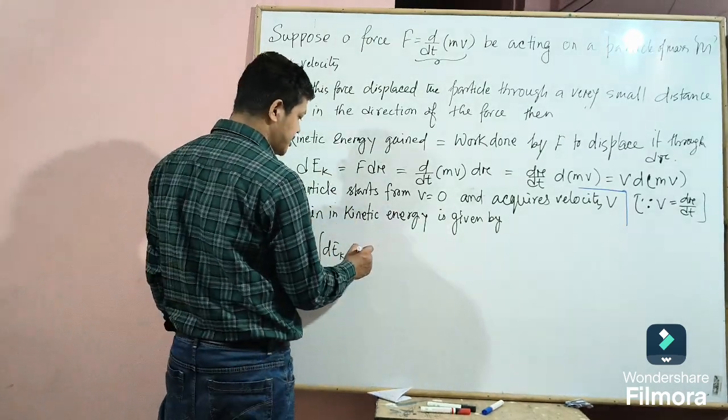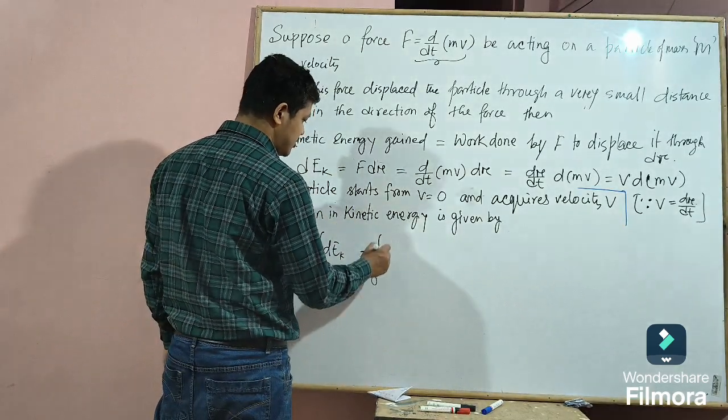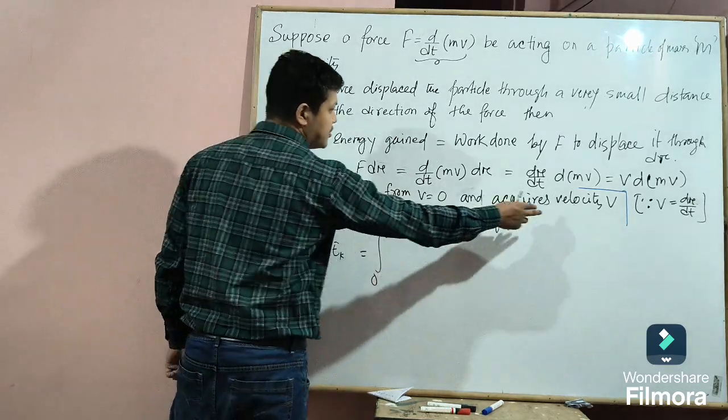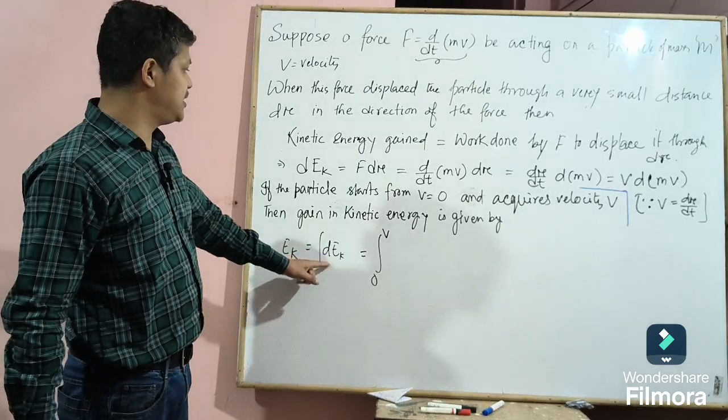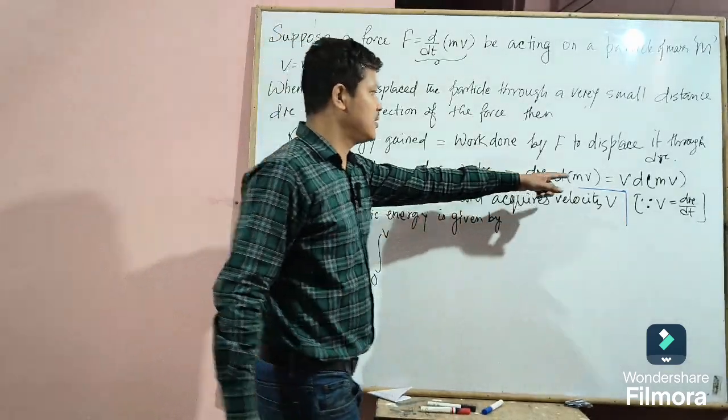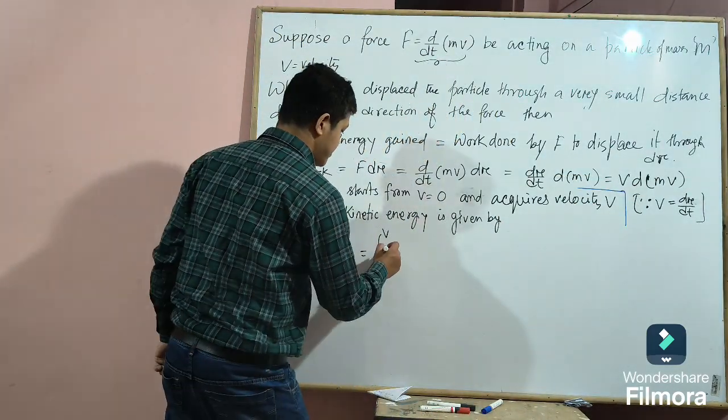And we integrate this from 0 to v, as velocity increases from 0 to v. What was dEk? That was v d(mv), we can put this.